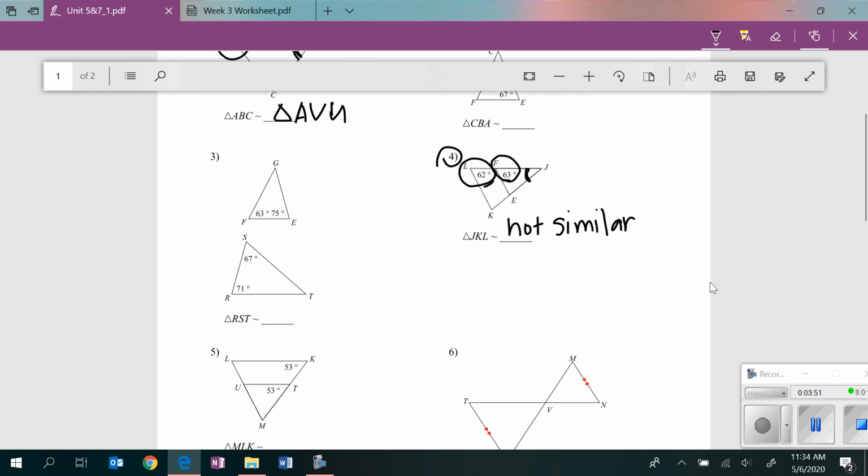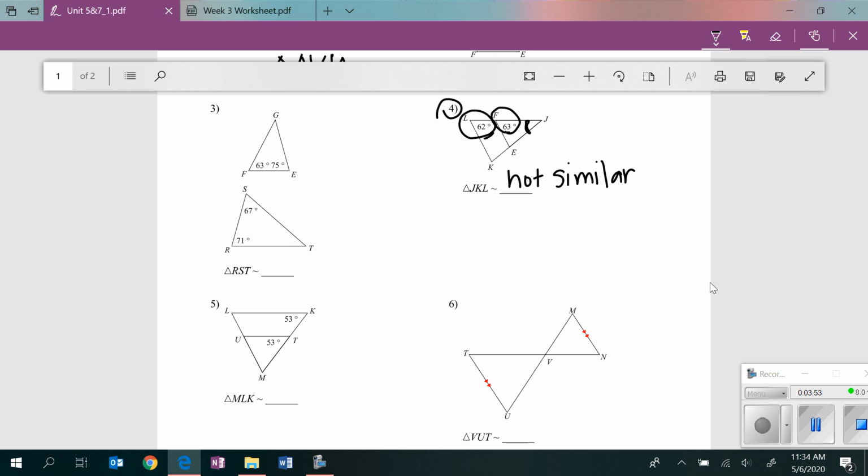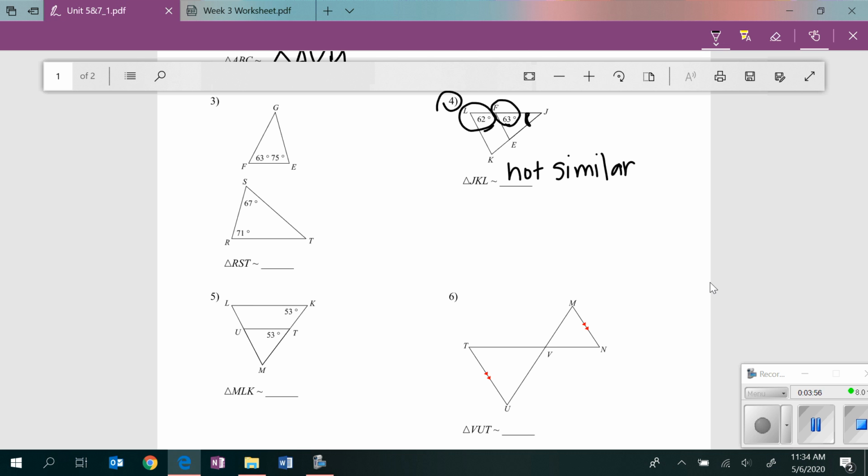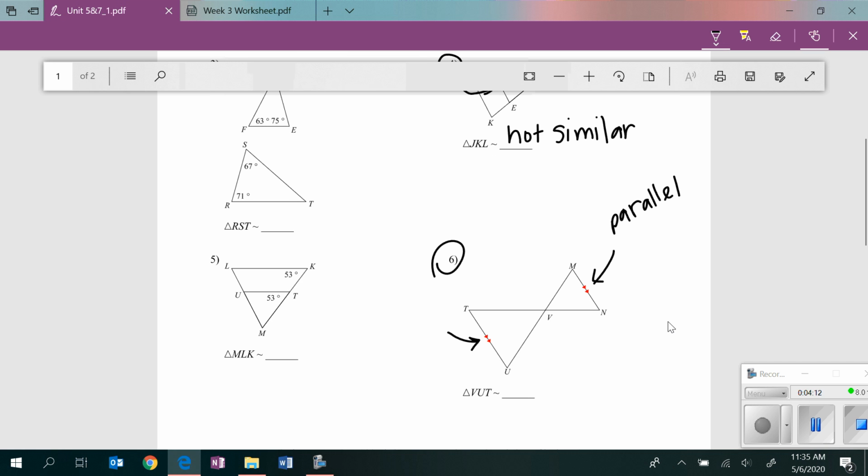Okay. Last one I think is a really good example is number 6. Remembering that these arrows here on the sides mean that those two side lengths, TU and MN, are parallel to each other. Okay. And things that we know about parallel lines is that they end up having alternating interior angles most likely.